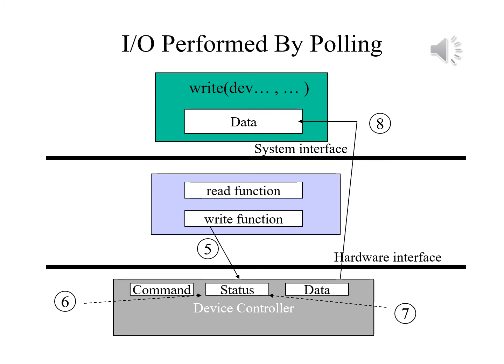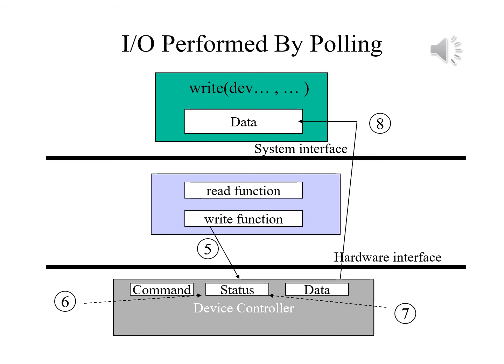the output operation. In step 7, the controller clears the command ready bit, clears the error in the status register because the operation succeeded, and clears the busy bit because it is finished.